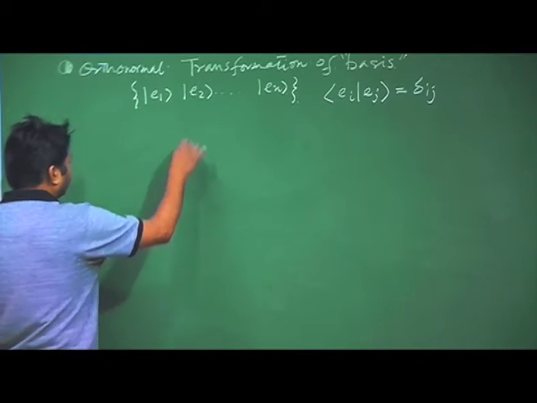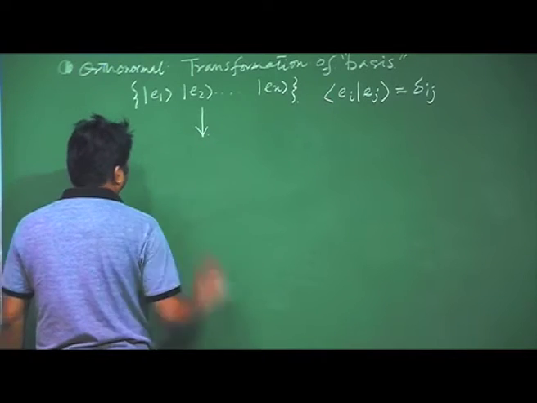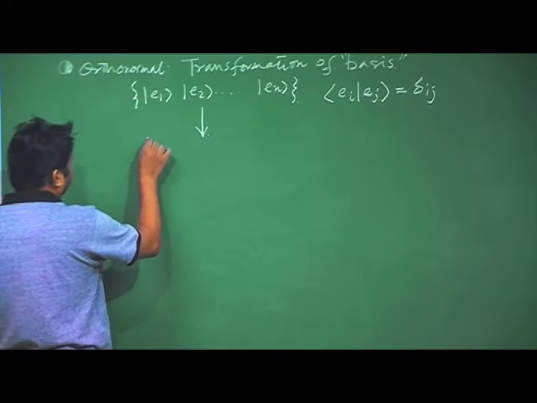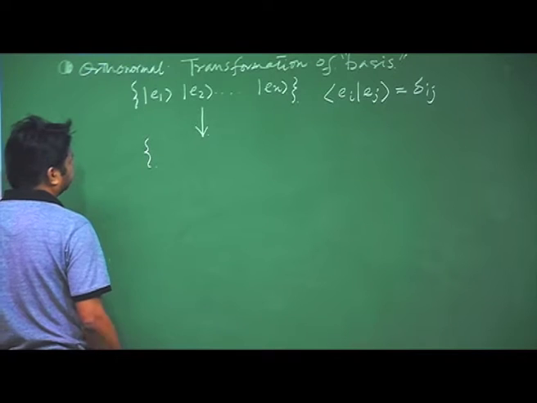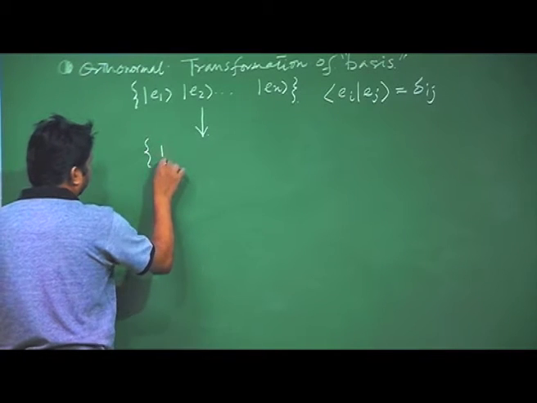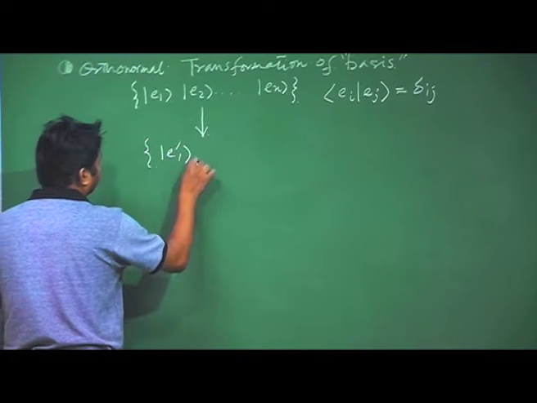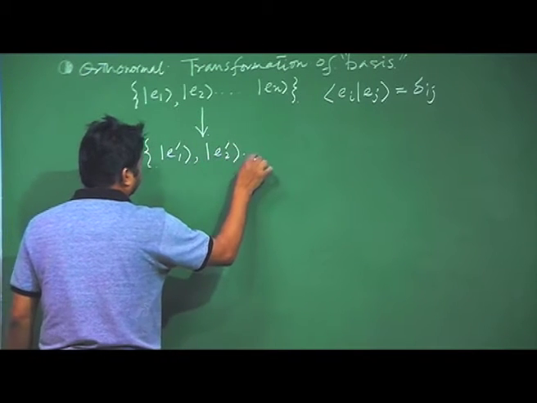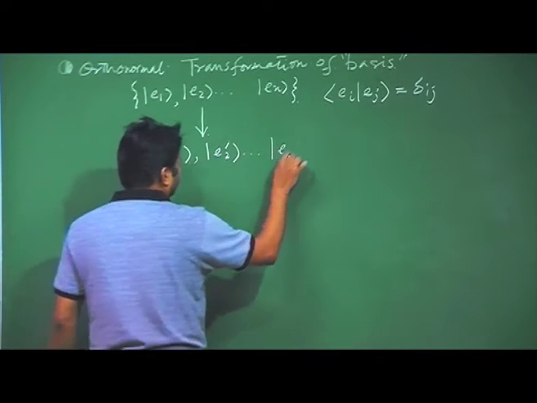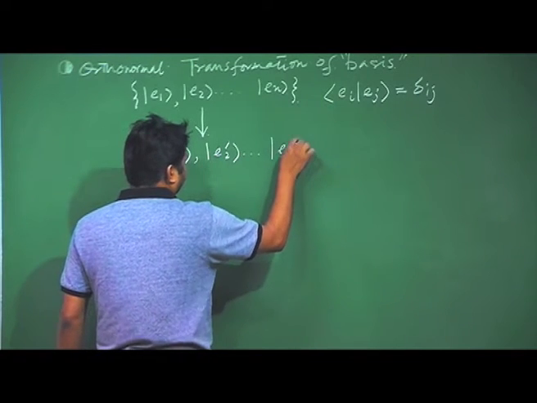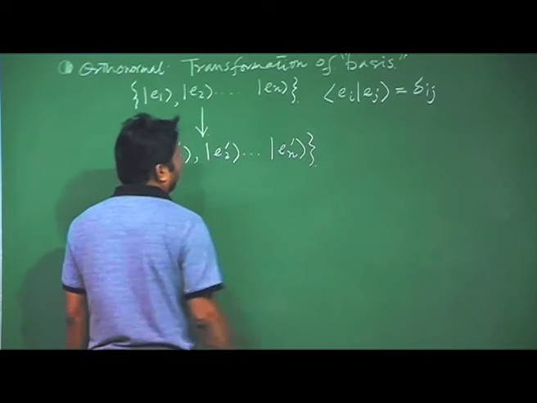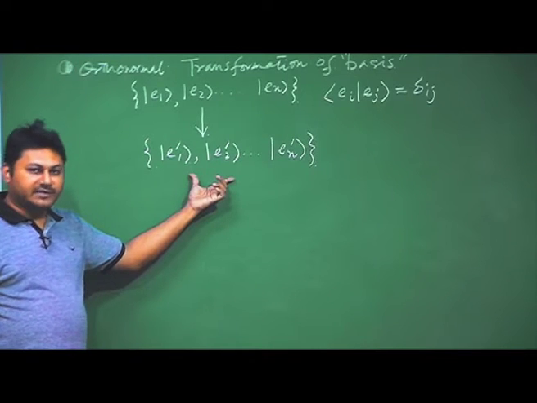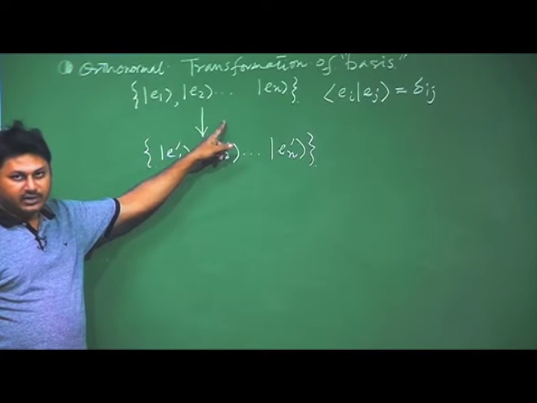Now, I want to make a transformation, and I find another set of bases E1 prime, E2 prime, En prime. I can transform that through the T matrix that I already showed.